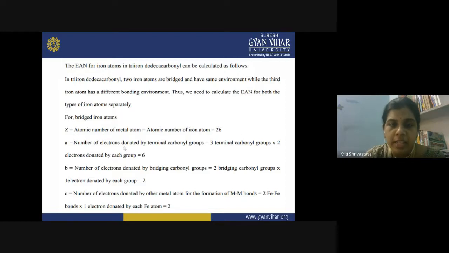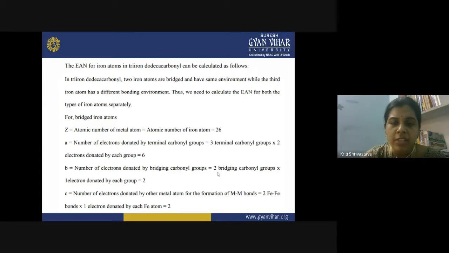So the number of electrons donated by terminal carbonyls will be 3 terminal carbonyls into 2 electrons donated by each group. So a total of 6 electrons we are getting from the 3 terminal carbonyls.